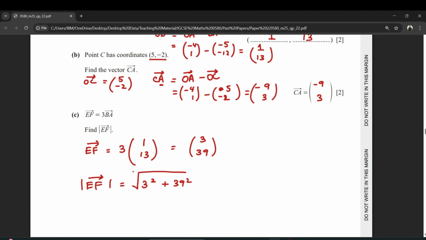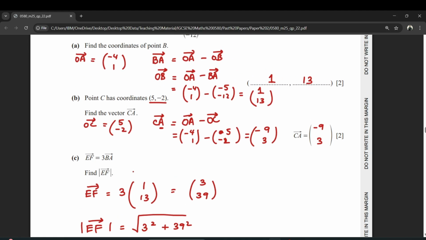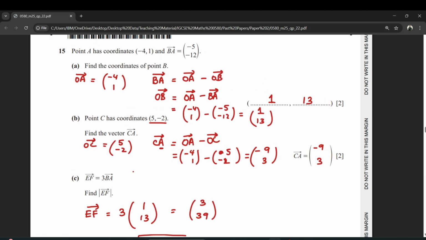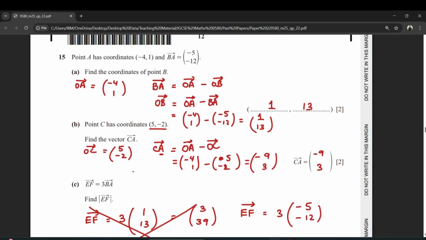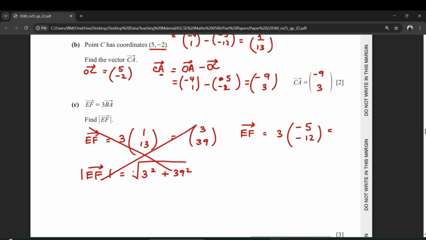Just a minute, let me check something. Okay, my bad. BA was actually -5, -12. Sorry about that. Let me write this over here. EF is 3 times BA, which was -5, -12. So now this becomes -15, -36.